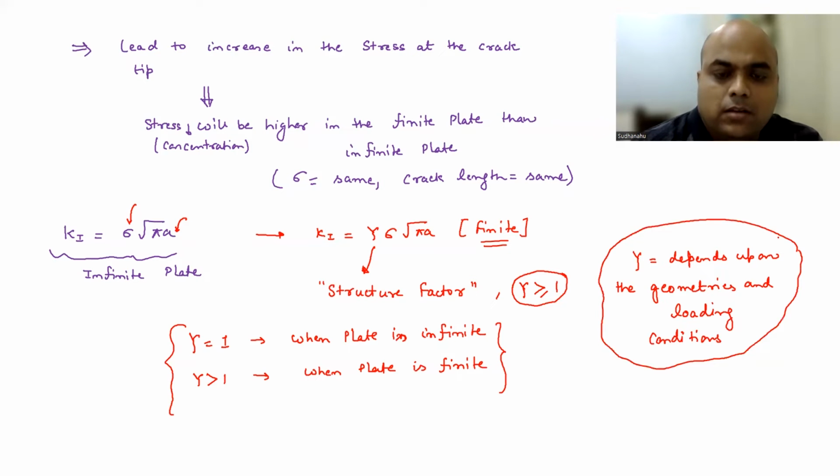So again remember, Y is equal to 1 for an infinite plate, and as soon as we talk about a finite plate, you have to introduce a factor of Y. For different geometries and loading conditions, Y is going to vary. That means K1, the stress intensity factor, is going to vary. And now we are going to discuss that only: what is the expression for K for different geometries of plate.